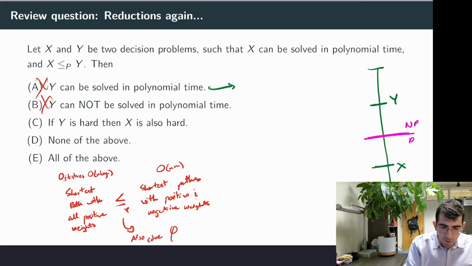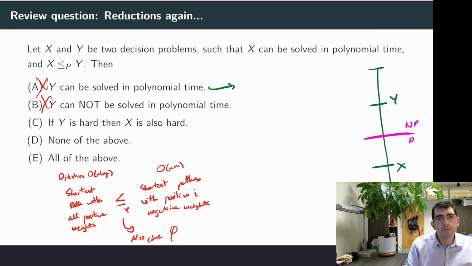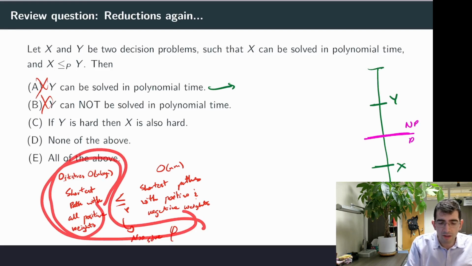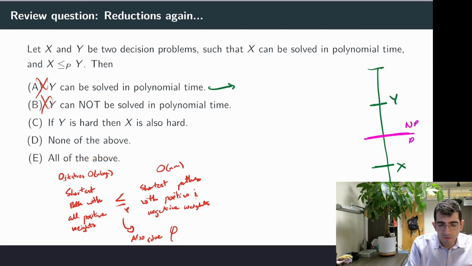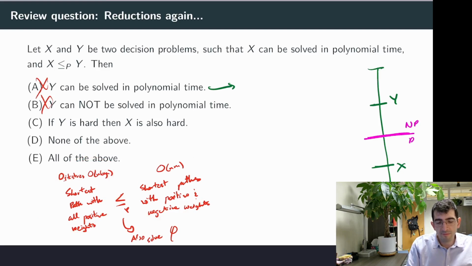So I just transformed this problem into an NP problem. I could always reduce a problem that's easy into a problem that's hard. So just because this problem is hard doesn't mean this problem has to be hard. So this is also false. It definitely wasn't going to be all of the above, so it has to be none of the above, for the reasons we discussed.